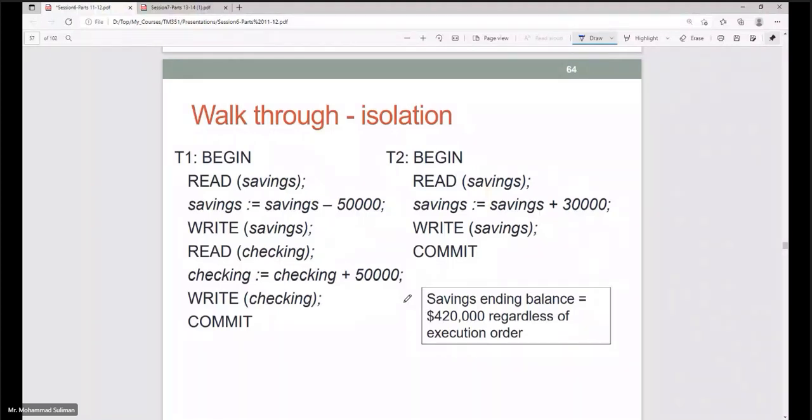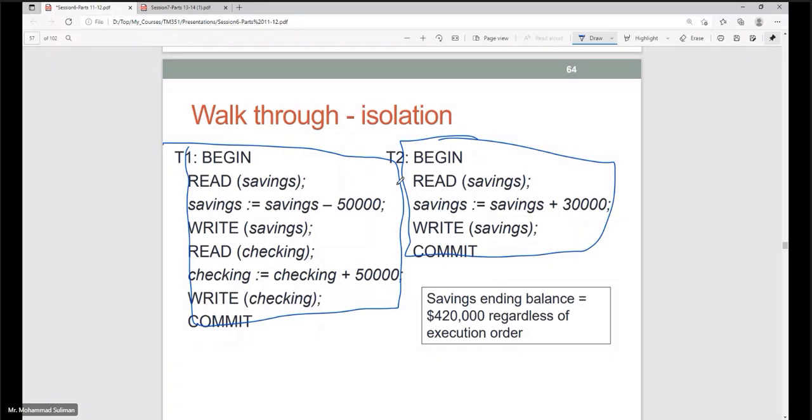If there are two transactions, this transaction should work separately, and this transaction should work separately, and not together. So that is the main thing. Make this the first transaction and this the second transaction, one after the other.